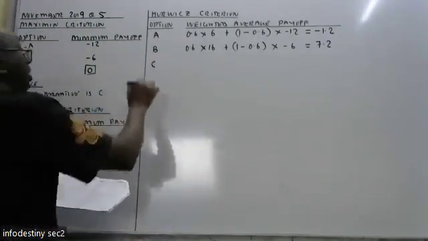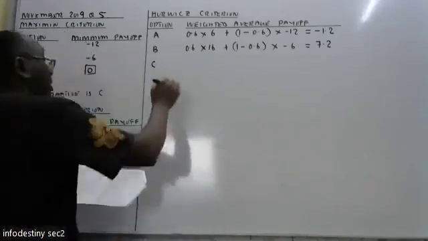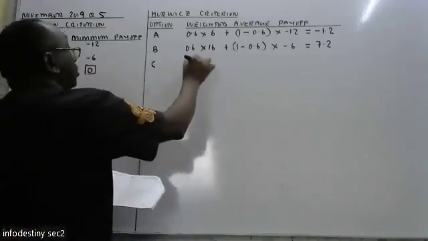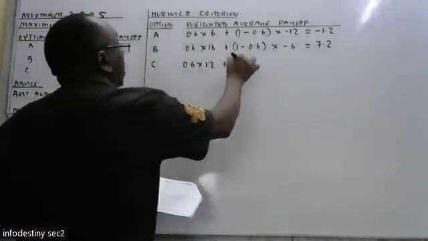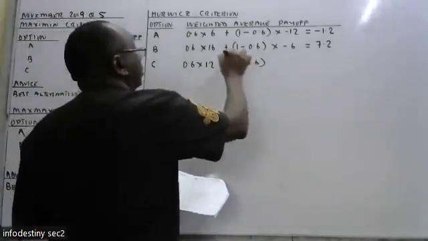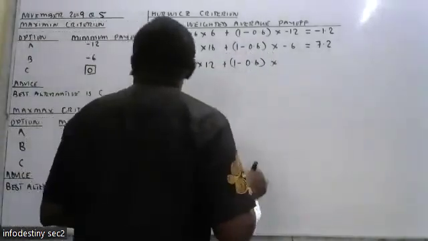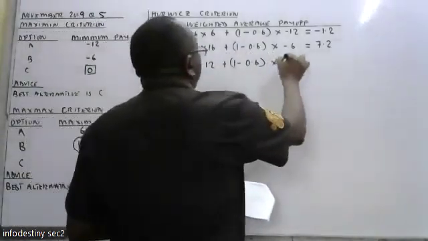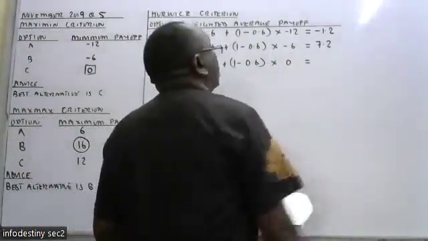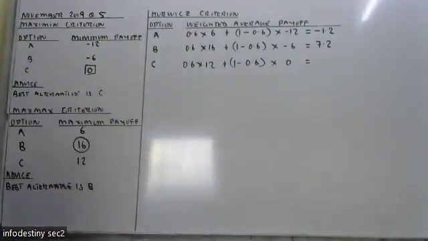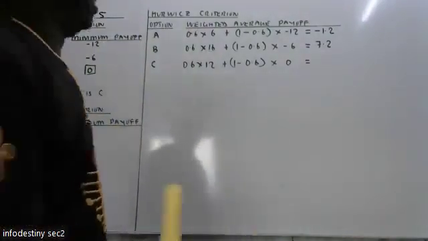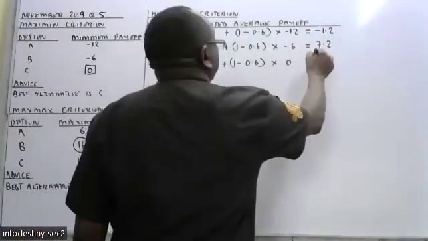When we come to C, with 0.6 times the best, which is 12, plus 1 minus 0.6 multiplied by the worst. The worst is 0 there. So that gives us what? 7.2 as well.